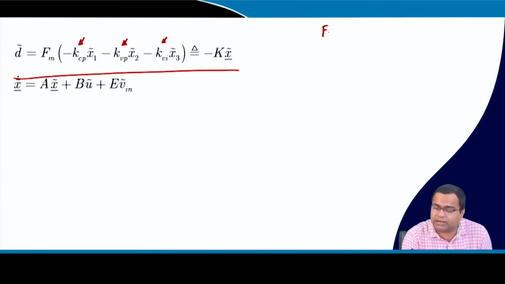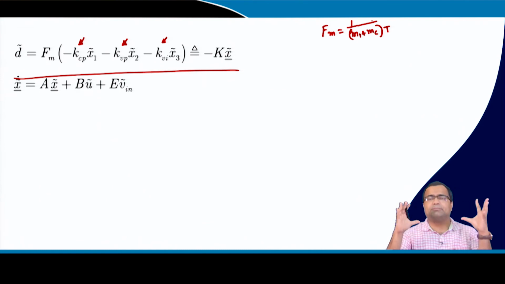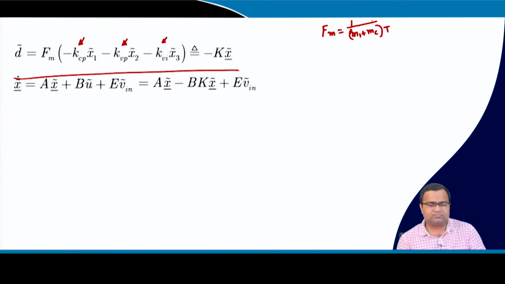We know the modulator gain, we have chosen 1 by (M1 plus MC) into T in case of current mode control, where M1 is the rising slope of the inductor current, MC is the ramp. So, if you do not use a ramp, then it is 1 by M1T, the rising slope of the inductor current. So, then we substitute this D expression, the duty ratio.